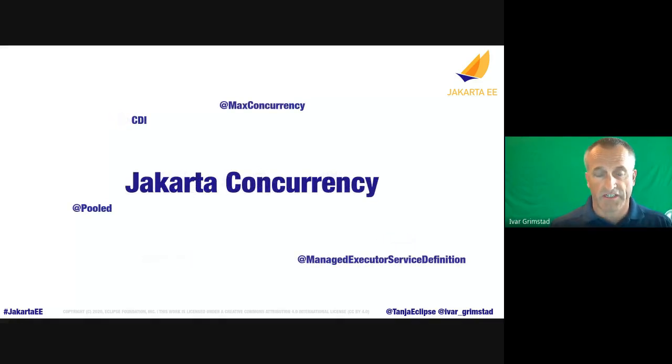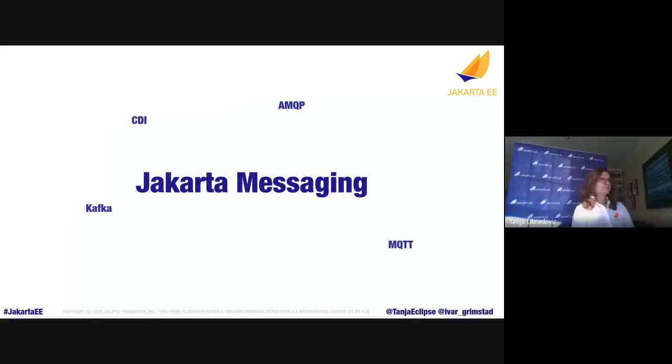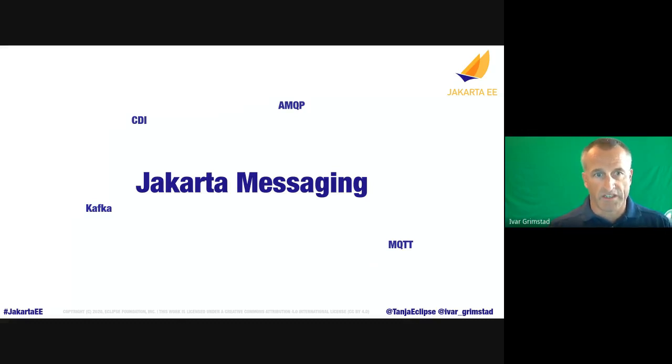For concurrency, we also want to get it aligned with CDI. Maybe add some CDI annotations so you can annotate your classes in a more CDI-friendly way. We're looking at Jakarta Messaging, and we started the work there for Jakarta EE 8, but it was kind of cut off.